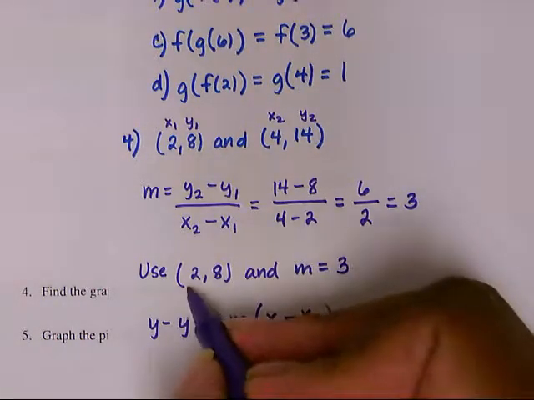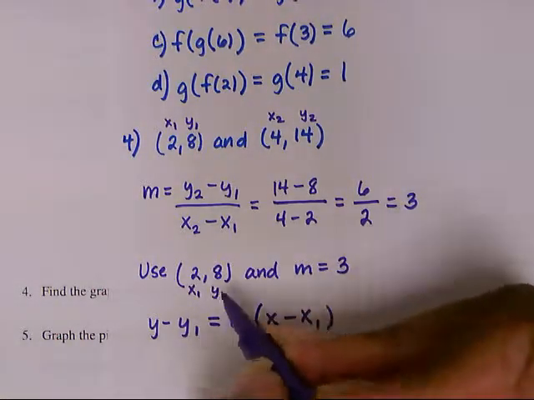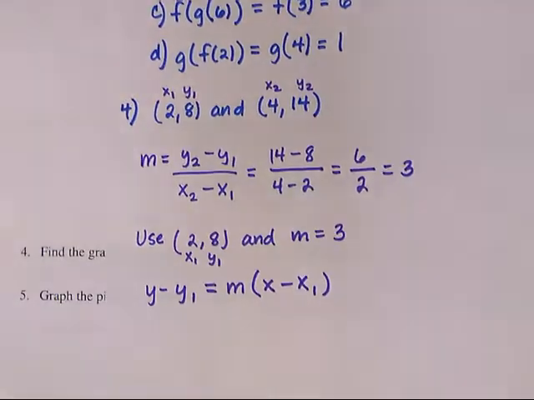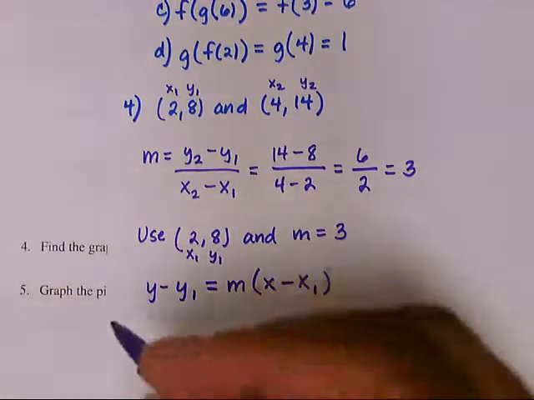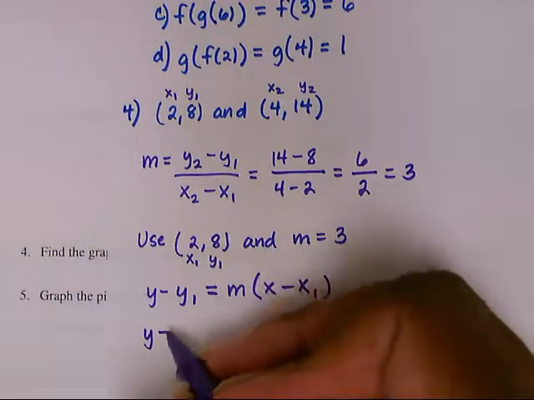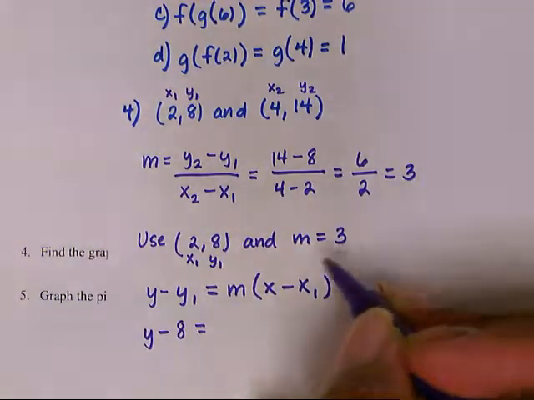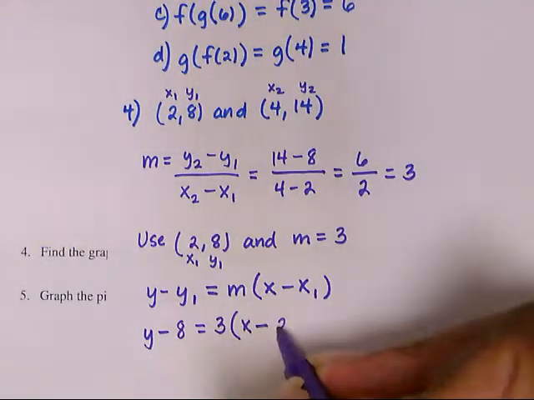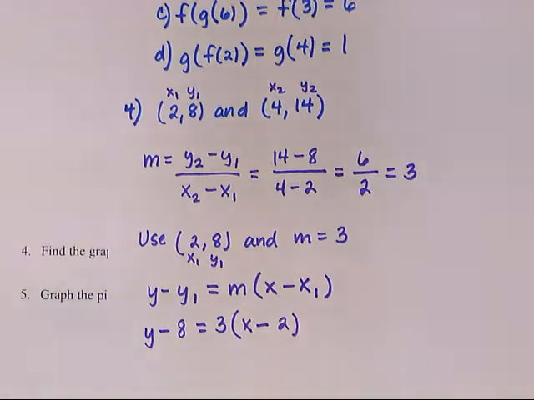In this case, x1 will be 2, y1 would be 8. Now I could have used that other point, (4, 14). It really doesn't matter. You're still going to come up with the same equation. So y minus 8 equals your slope of 3 times x minus 2.